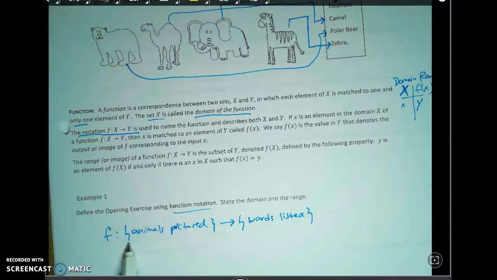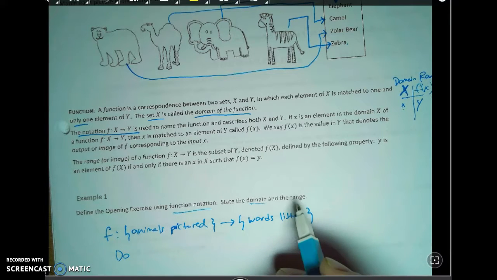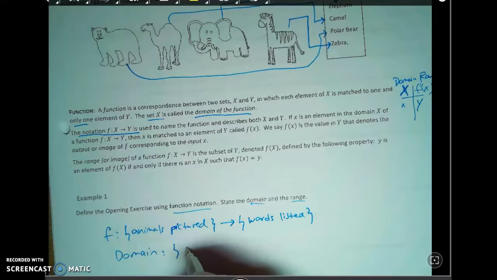So we remember we have two sets, one that has the animals pictured, and the other set that has the words listed. So we have to assign each animal to its proper name. Okay, so we have to also say the domain and the range. The domain in this case are the 4 animals pictured.